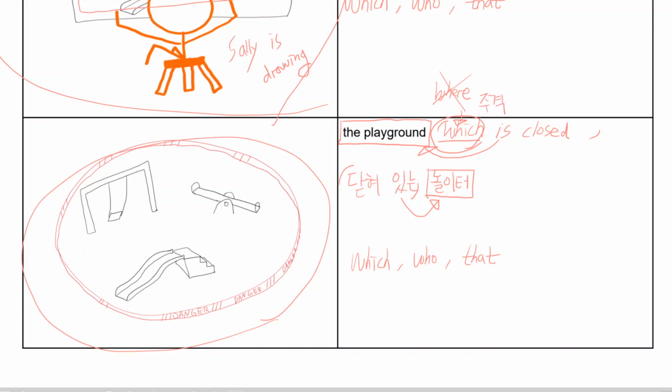주격 is the playground itself is doing something. So it is 주어. 놀이터가 주어. At this time, the playground is the subject. It is doing something. It itself is doing something. So you should use 주격. Okay?